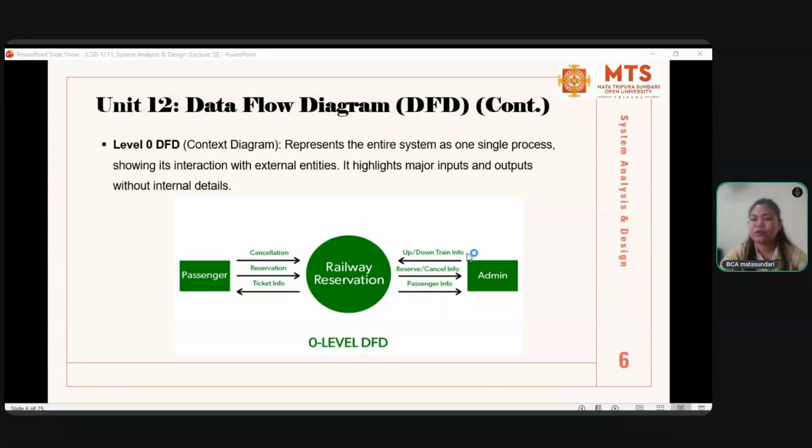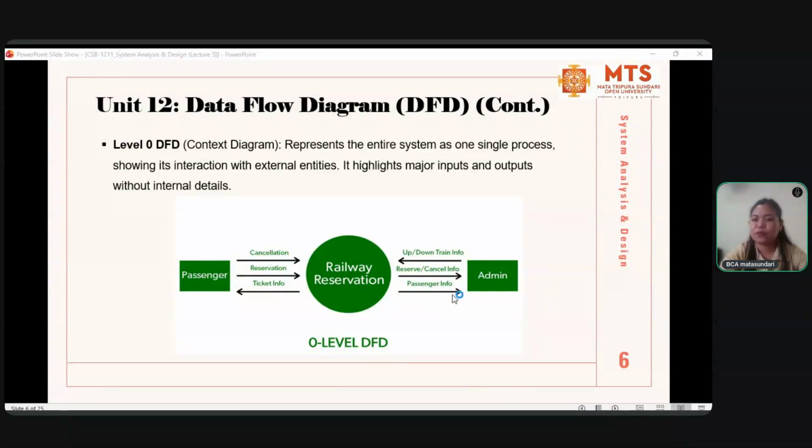Train info means how many trains are available on that particular day and timing, and reserve or cancel info. Suppose there was no seat and it was on a waiting list, or RAC, like that. After the request, it will be cancelled or reserved based on availability.